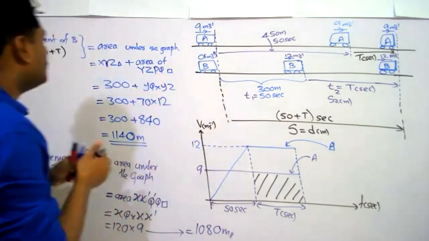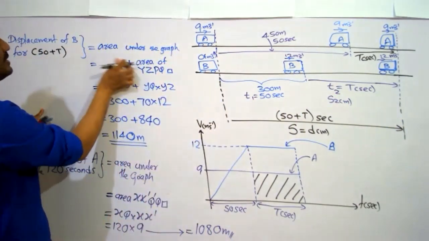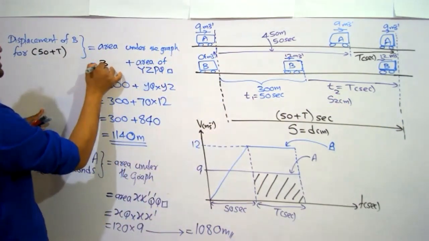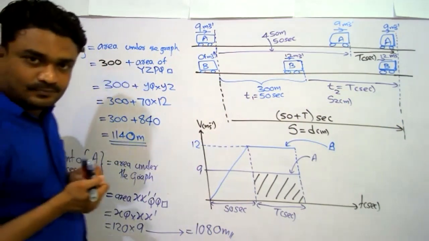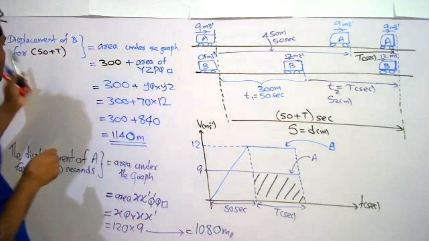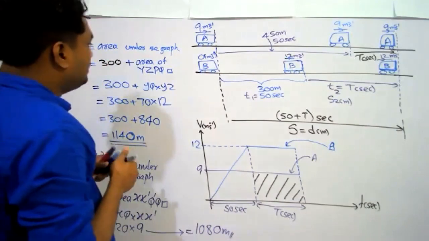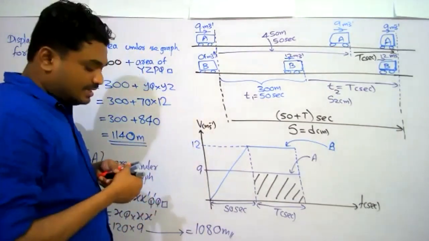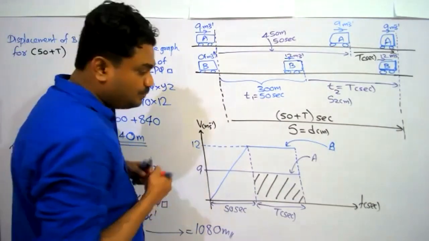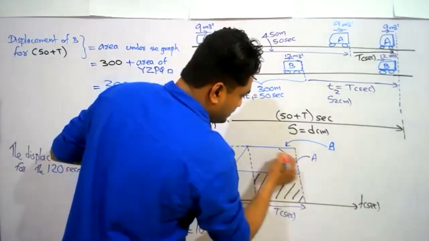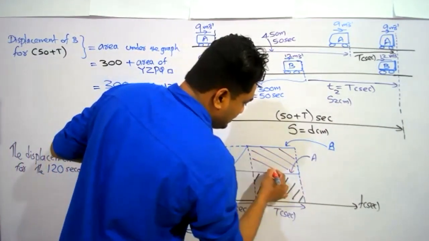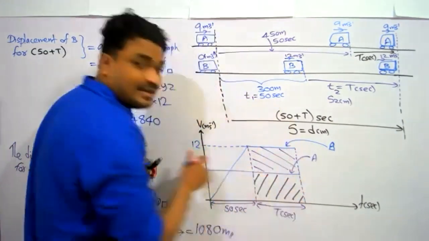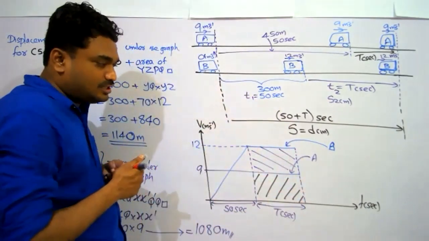Now we already know that the area for 50 seconds is 300 meters. There is nothing to it. I'm talking about B. Then the displacement of B during the next capital T seconds is the area of this huge triangle. Shall we give a name for this figure here?